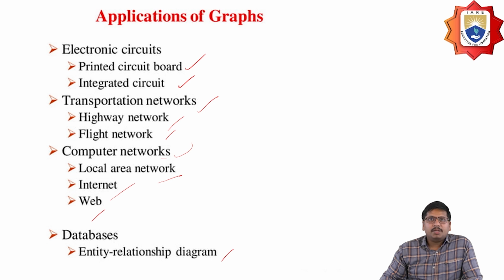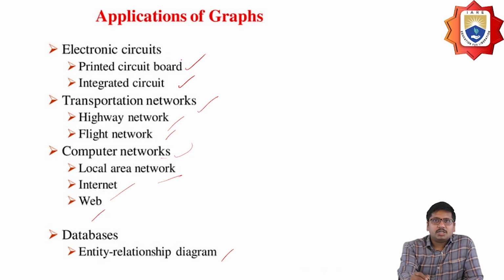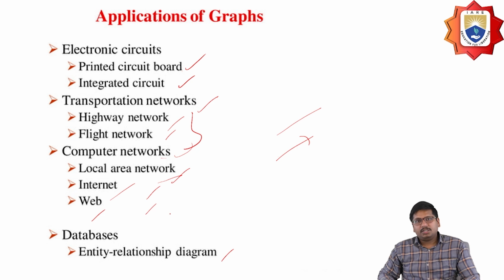So these are the various applications of the graph, which play real-time roles. In electronic circuits we use circuit boards and integrated circuits, transportation means highway and flight networks, computer networks like local area network, internet and web, and entity relationship in the case of databases.